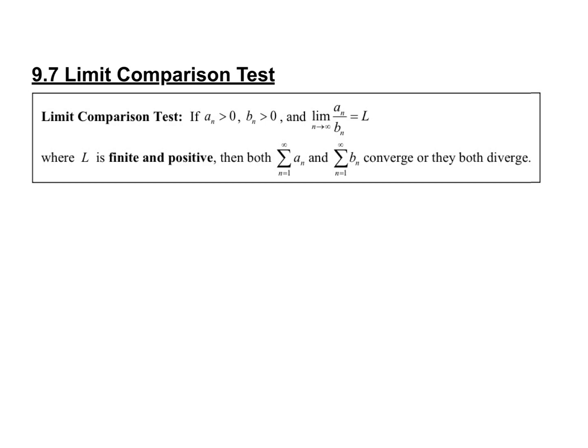And then you're going to take the limit of the ratio of the two. And if that limit is finite and positive, so in other words, it's going to be any positive number, or any rational positive number, maybe is a better way to say that. Then both of those series either converge or diverge.